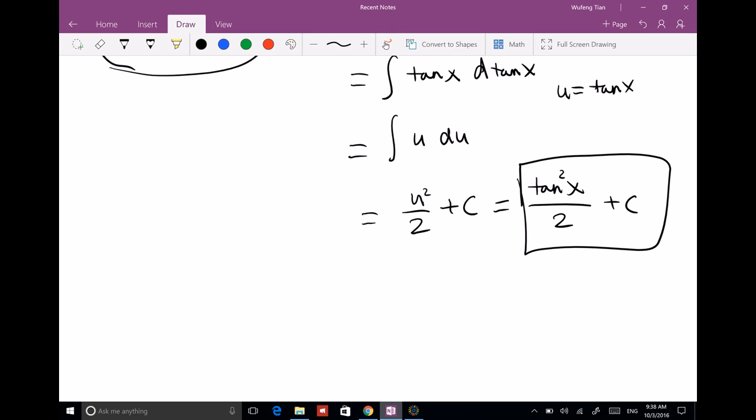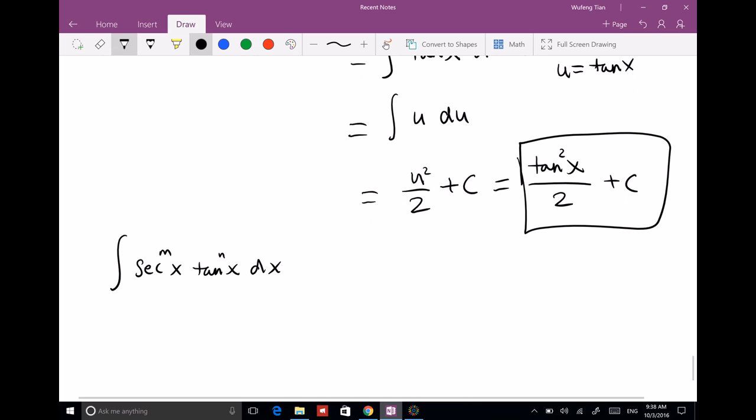Alright, so this is for secant x to the m, tangent x to the n, dx. We can do a summary.